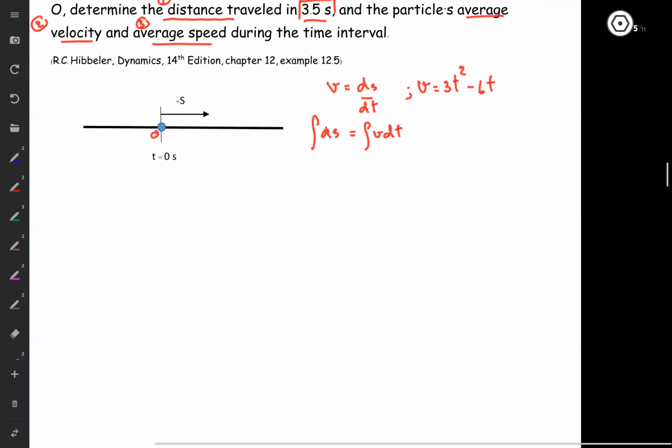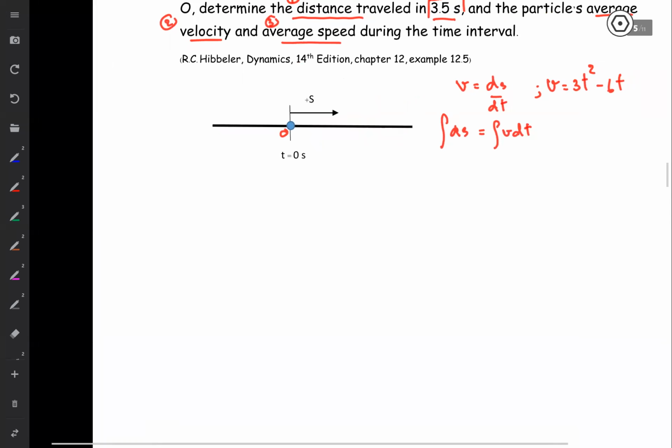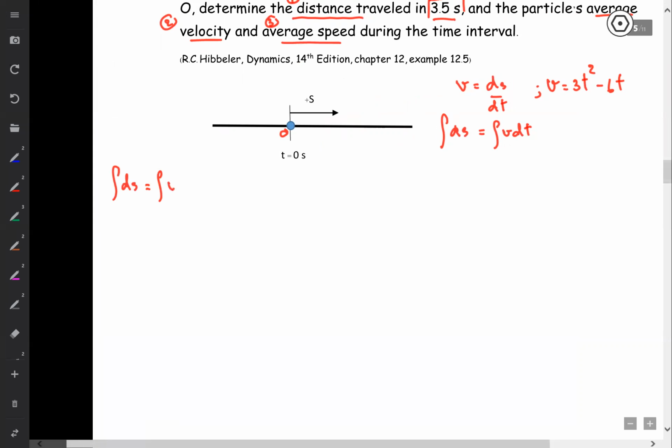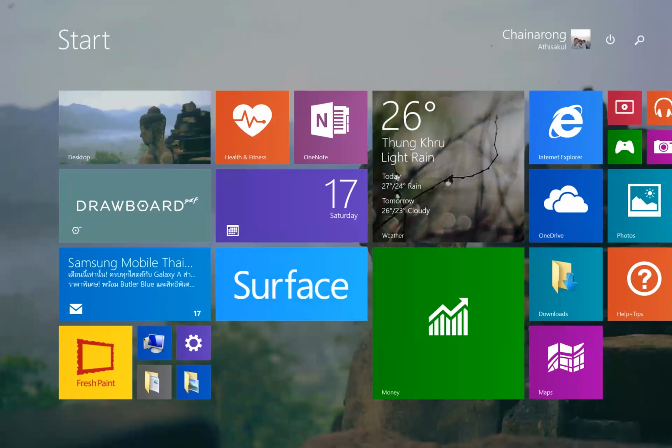According to this, we can find the displacement function: integrate ds equal to integrate v dt, right? So the displacement function s is equal to the integral of 3t squared minus 6t dt.